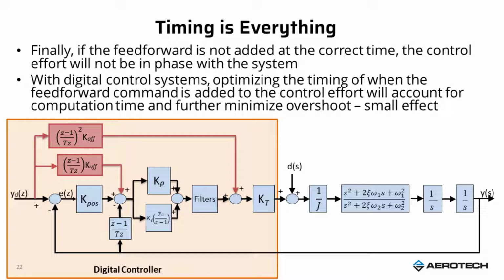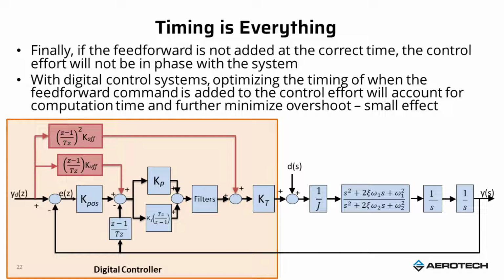But the fact of the matter is most controllers nowadays are digital controllers, and we need to deal with the fact that we take samples of the sensor and then produce an output at some sample period or frequency. Typically, these frequencies vary anywhere between a kilohertz to 20 kilohertz, depending upon the controller that you're using. And each of the loops in a multi-loop controller is not always at the same frequency. So the current loop is often much higher than, say, the servo loop.